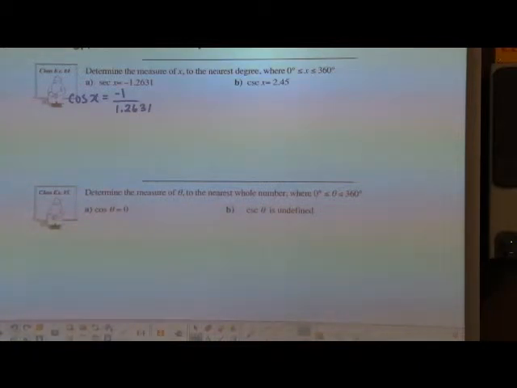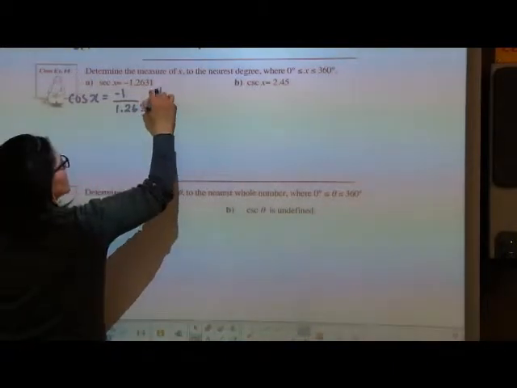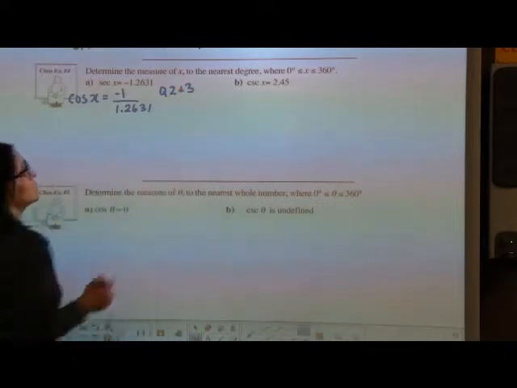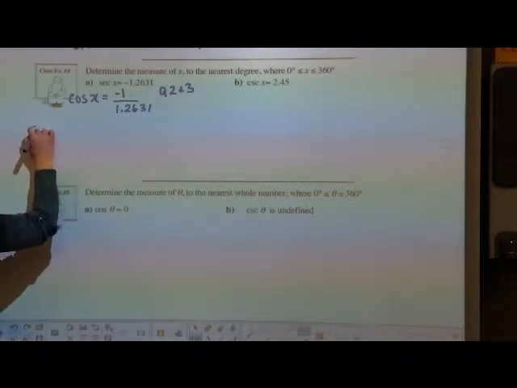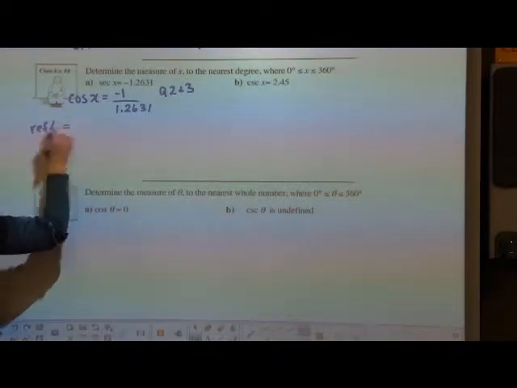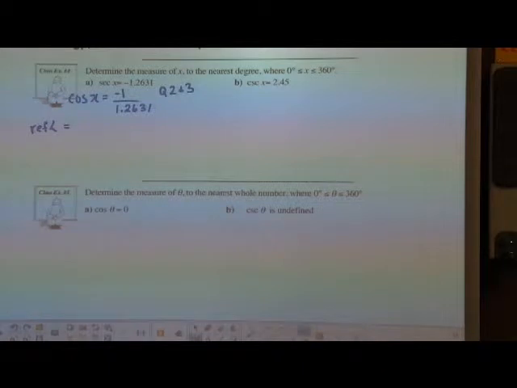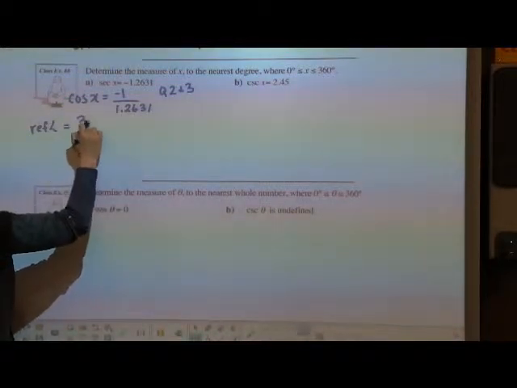And then the question, what quadrants is cos negative? 2 and 3. Did you make it an absolute value? Now when I do my reference angle, I want to do cos inverse 1 divided by 1.2631, which gives me to the nearest degree 38 degrees.